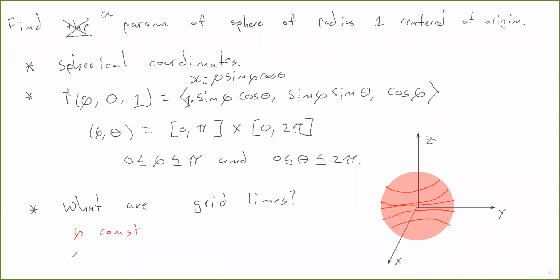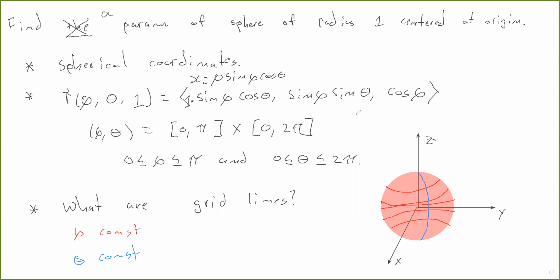Okay, if you hold theta constant, this means that the cosine theta part of x and the sine theta part of y are going to be constant, but what you're going to get are going to be lines. As phi goes from 0 to pi, you're going to get grid lines that go like this. Because when phi is equal to 0 or pi, sine phi is equal to 0.